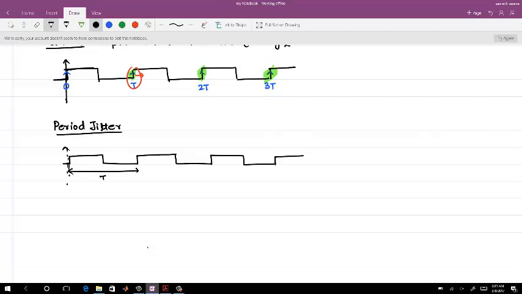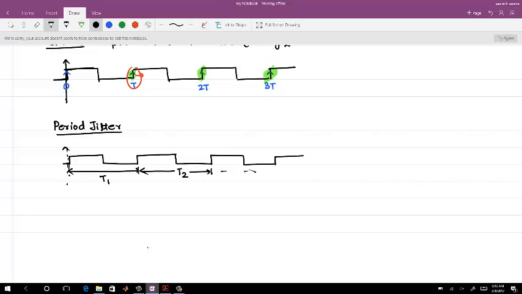This is T1, this one is T2, and so on. These are the periods of the clock on an absolute time scale, and I find the mean value of the period, and whatever deviation there is on this mean value is measured as period jitter.